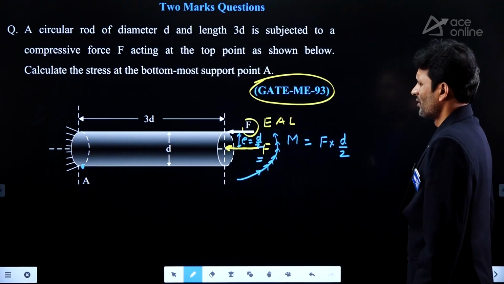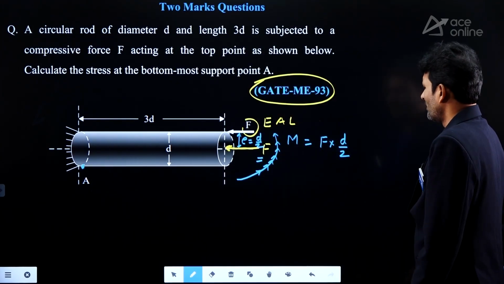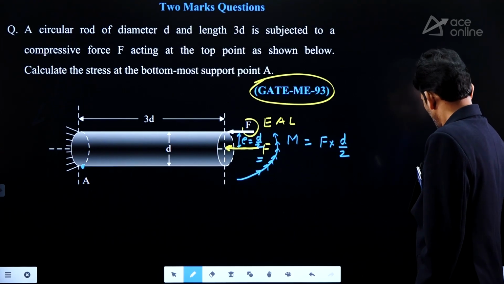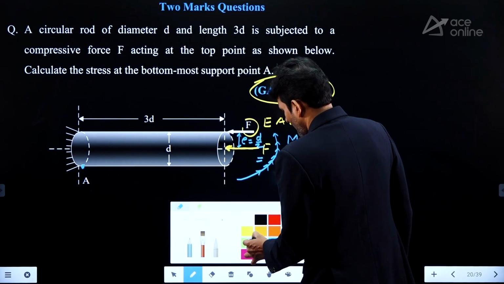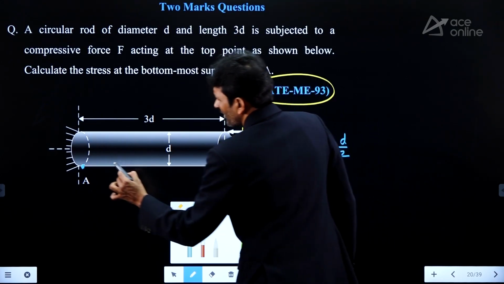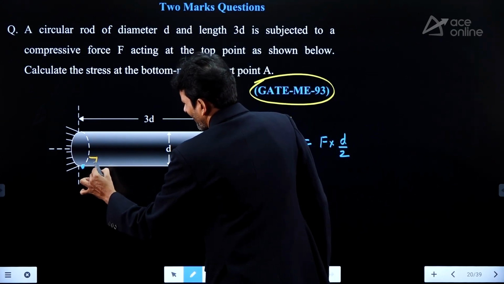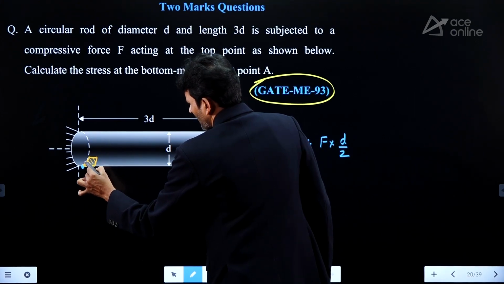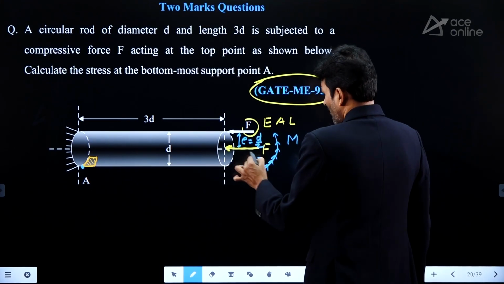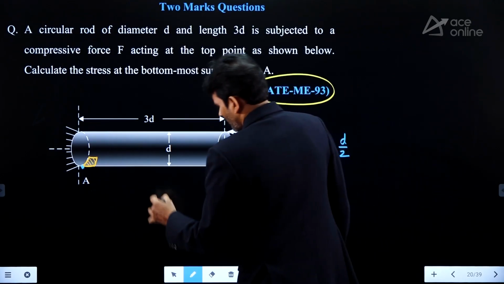that is the bottommost support. Now try to take the element at this point. When I am taking the element at this point, now look at here. Try to observe the state of stress. Because of axial force, axial stress is there.